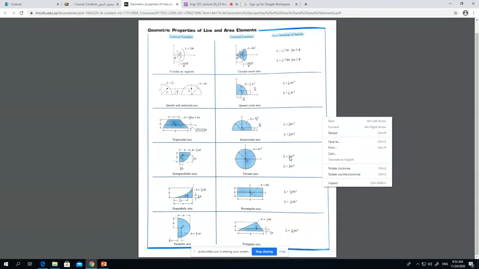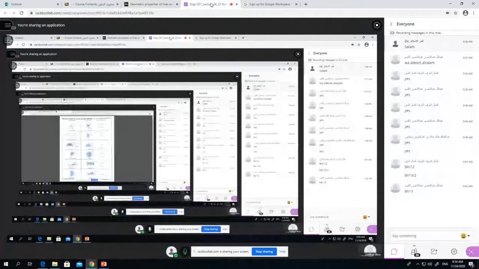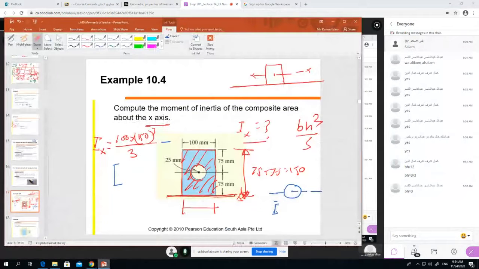Pi R to the 4 by 4, IX. Actually, because it is a circle, this IX and IY are the same anyway. So IX for the center, if it goes through the center, the result is pi R to the power 4 by 4, right?